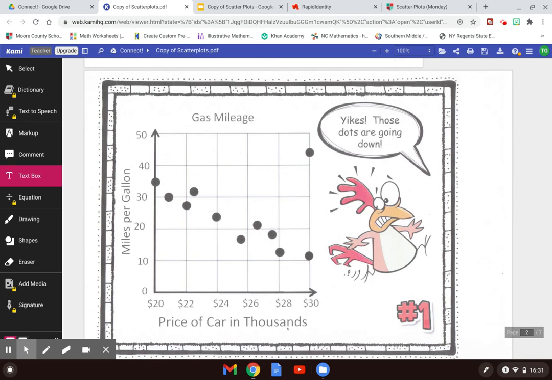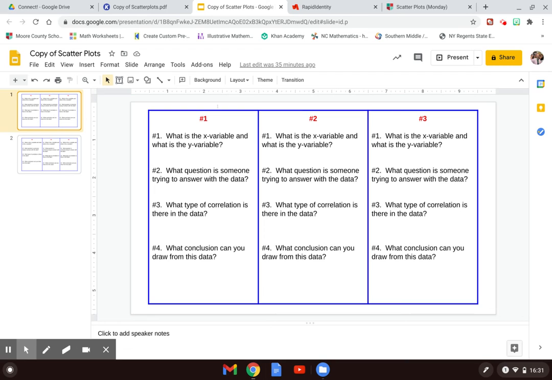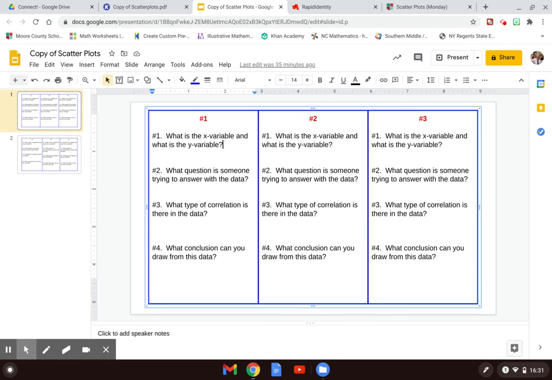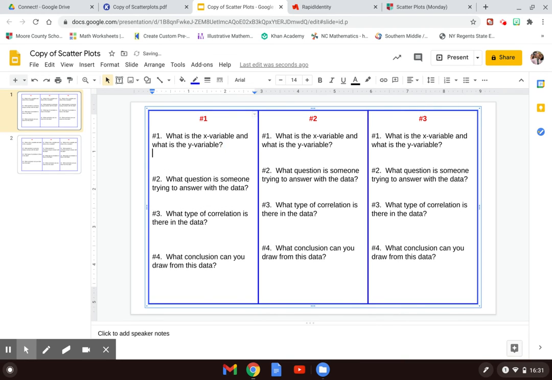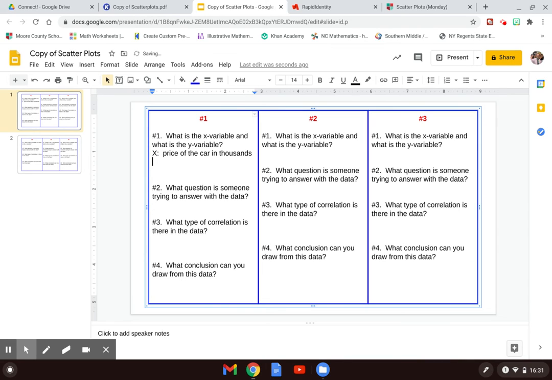So your x is the price of the car in thousands, and your y is the miles per gallon. Here you would just come underneath and type x, and that's going to be the price of the car in thousands. And then y is going to be the miles per gallon.